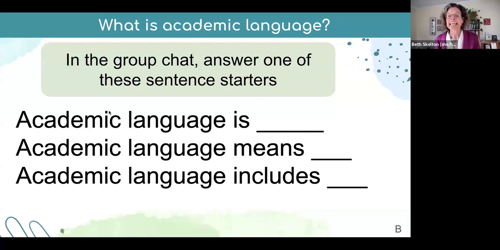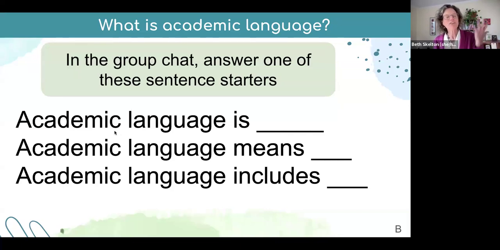Absolutely. Thank you. It does include register, Anna. Great. It's that school language, as Wanda says, grade level, includes content specific language. All of this is absolutely correct. And if you look across the board, we have lots of terms around vocabulary, whether that's tier 2, tier 3, as Christy and others have said. Yes, yes, yes. All of that is part of academic language.